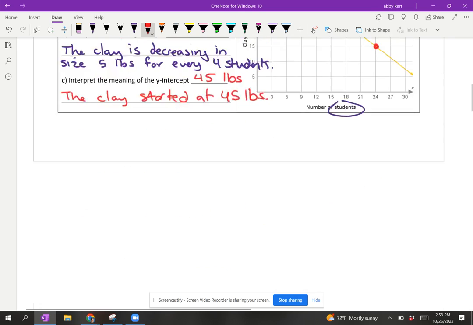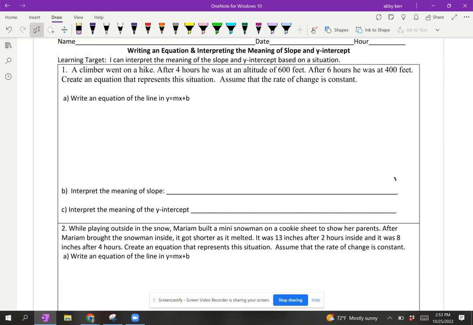Now, the word problems are going to be slightly harder, because we're trying to figure out our x, which is our cause, and our y, which is the effect. So the two units that we're talking about are hours, and we're talking about feet.